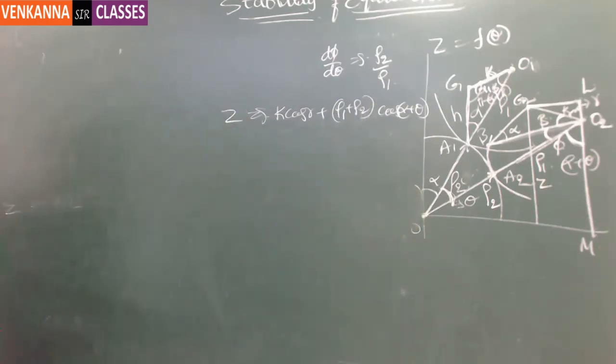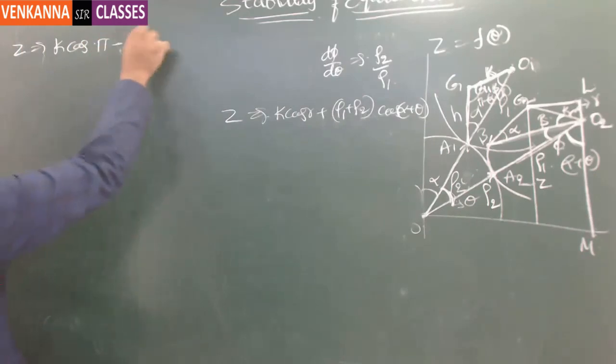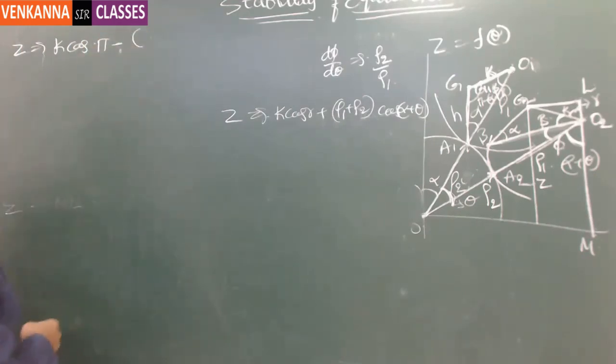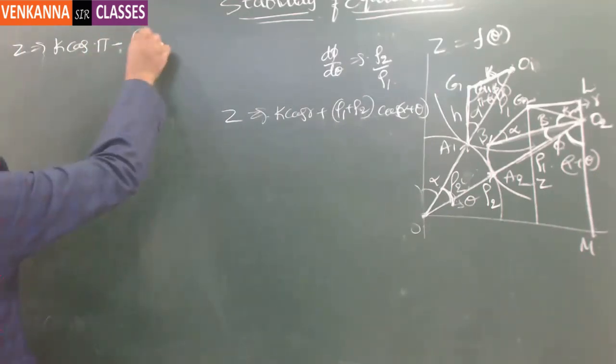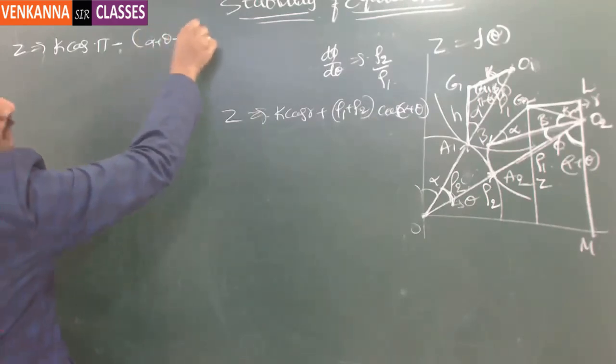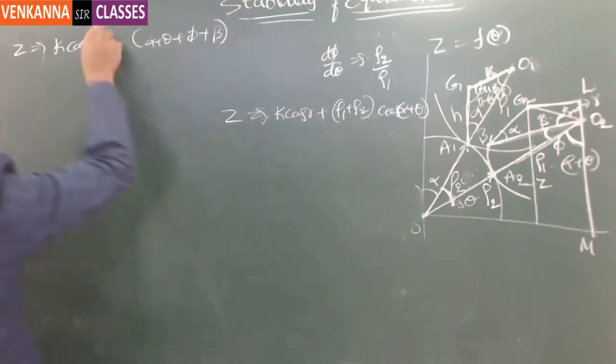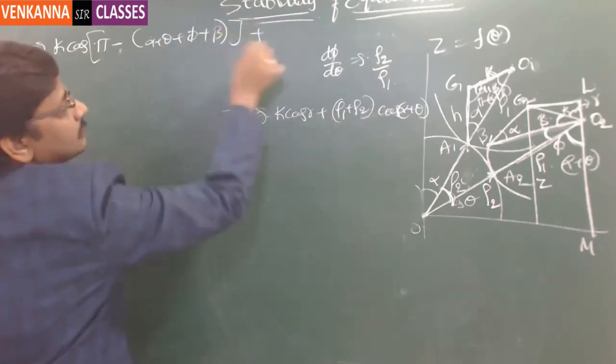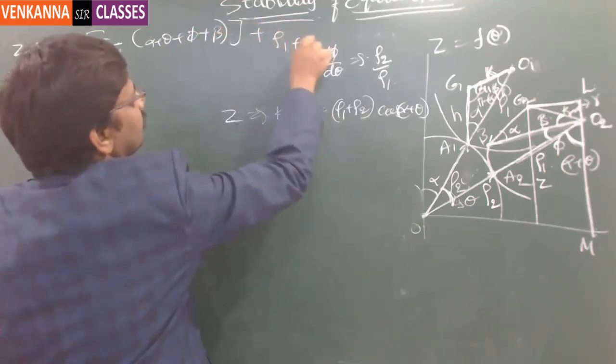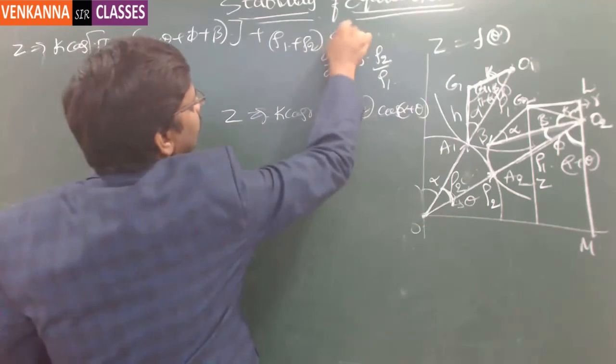Now z is equal to k times cos gamma, where gamma is pi minus alpha plus theta plus phi plus beta, plus rho 1 plus rho 2 times cos alpha plus theta.